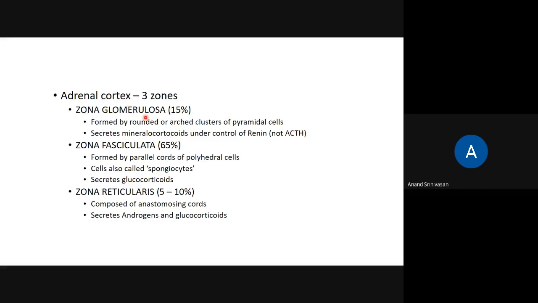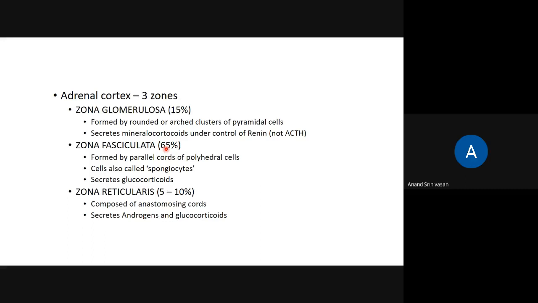Okay, the zona glomerulosa. They are formed by round or arched clusters of pyramidal cells, and they secrete mineralocorticoids, not glucocorticoids.